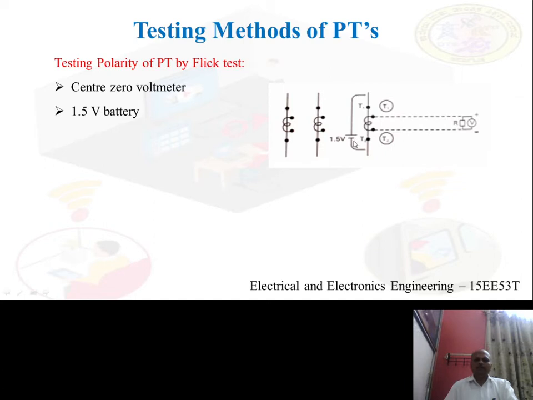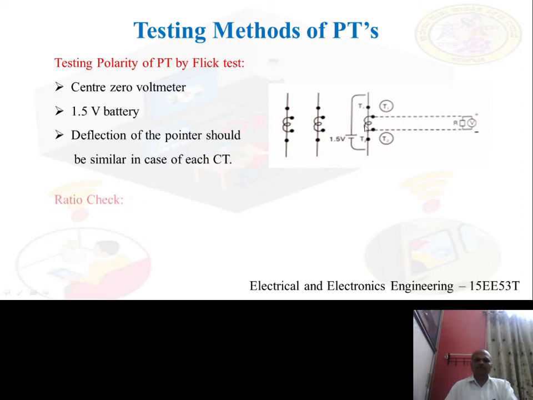A 1.5 volt battery is touched to the primary. The pointer of the voltmeter should deflect in the same direction in case of each one to be connected in the same protection. Second test is ratio check.